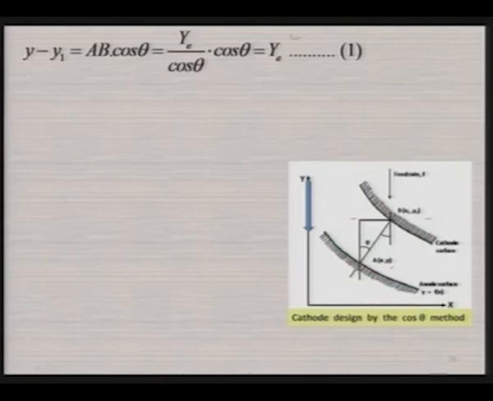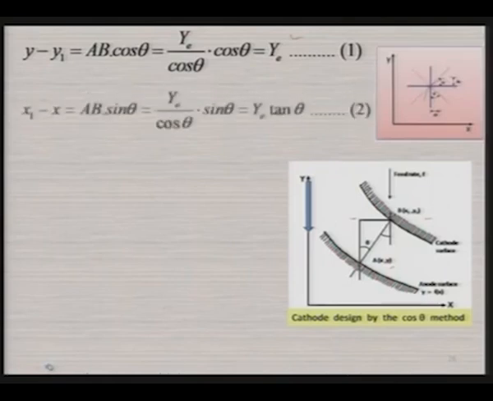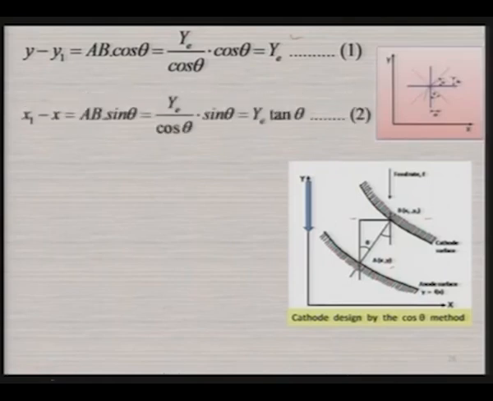So, you get y E. Same way, x1 minus x becomes AB sin theta, that is this one, and AB we know is y E over cos theta multiplied by sin theta. So, we get y E tan theta.